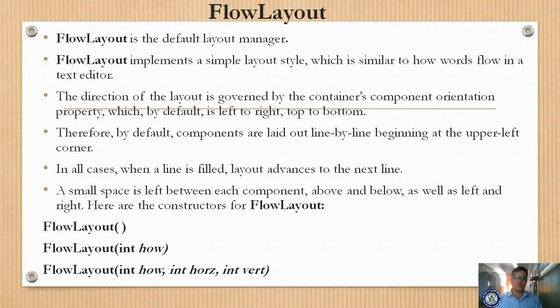By default, components are laid out line by line beginning at the upper left corner. Whatever component you are placing will be fit at the upper left corner, running to the end of the screen. Once it is hit, it will move to the next line. Whenever you resize the window, controls automatically move top to bottom. In all cases, when a line is filled, the layout advances to the next line.